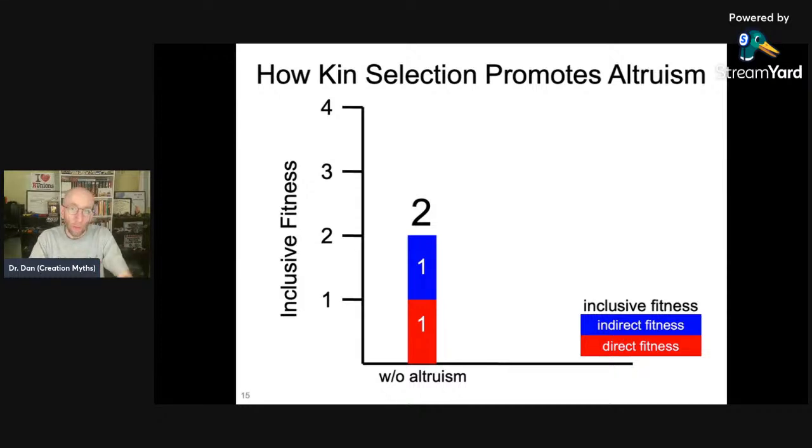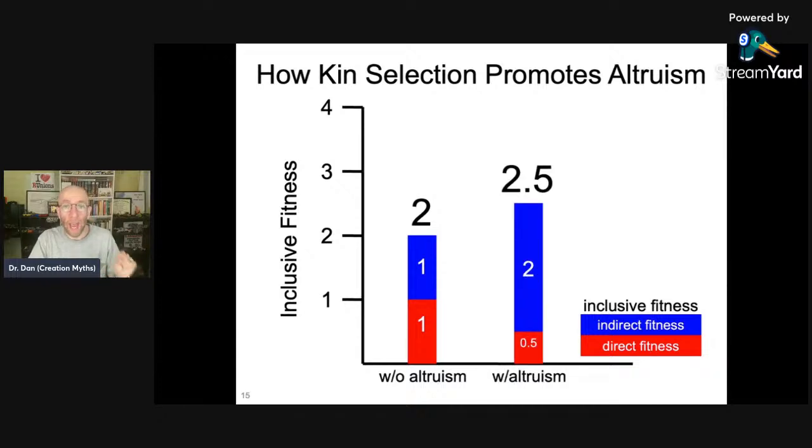Now, if we have alleles for altruism that are favored, right, they satisfy the inequality I showed you a minute ago, rB is greater than C, then it might look something like this, where you have a direct fitness cost. Your direct fitness is reduced from 1 unit of fitness to 0.5 units of fitness due to your altruistic behavior.